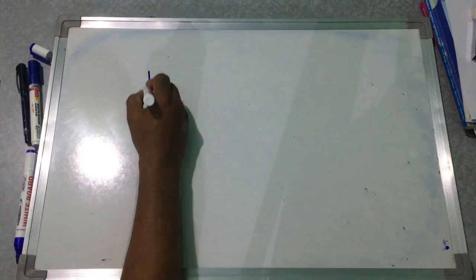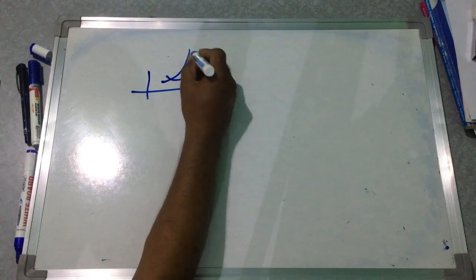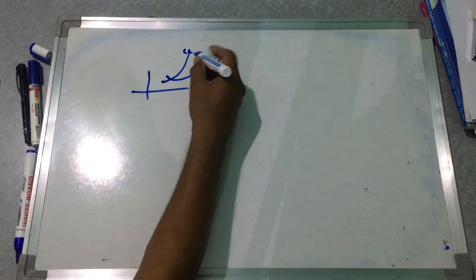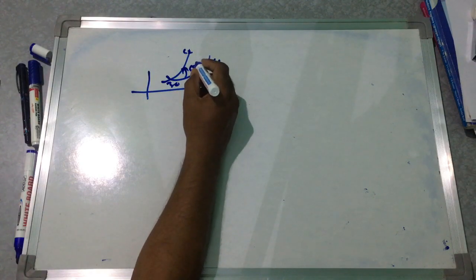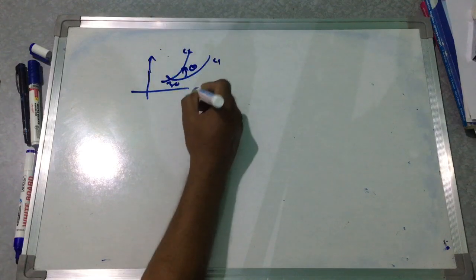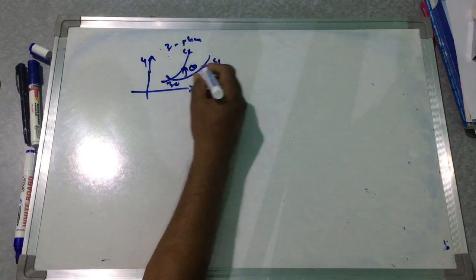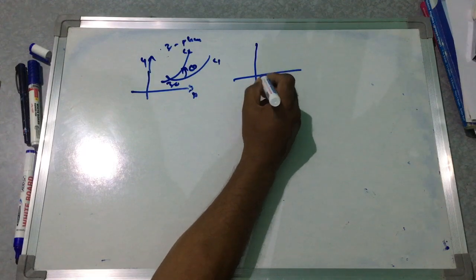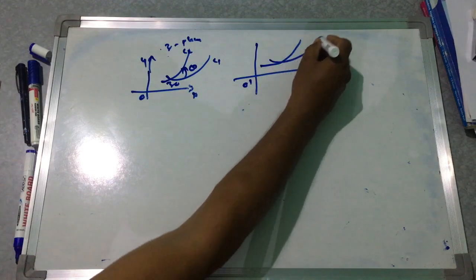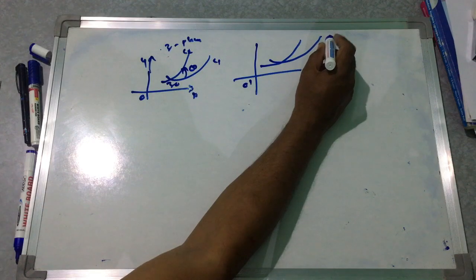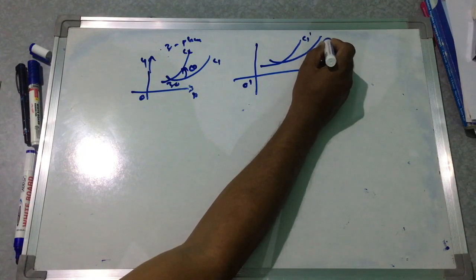So in this manner we have to present the figure. Again, C1, C2, this is Z0, theta, this is the Z plane, X, Y. And here this is O, this is O dash, C1 dash, C2 dash.